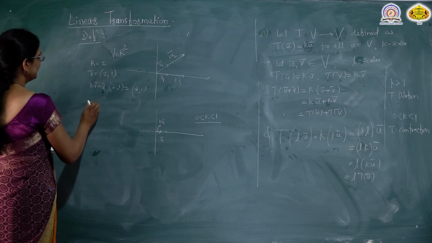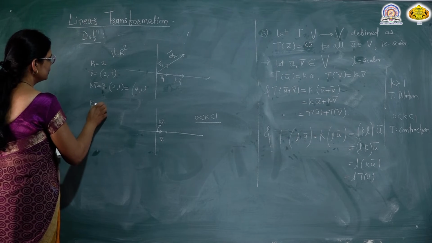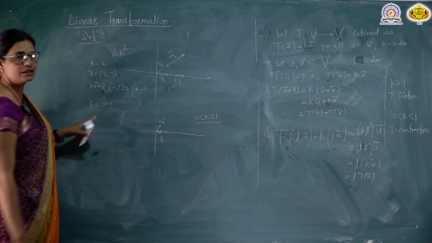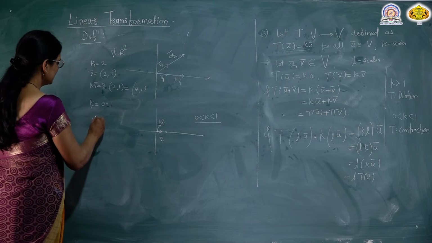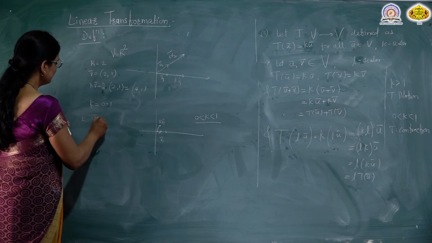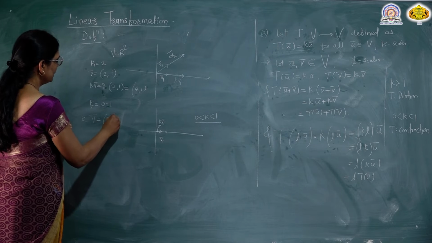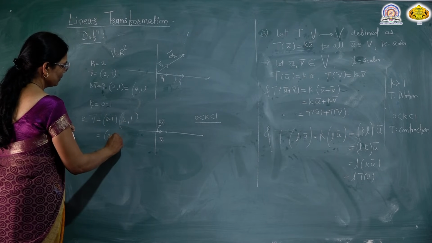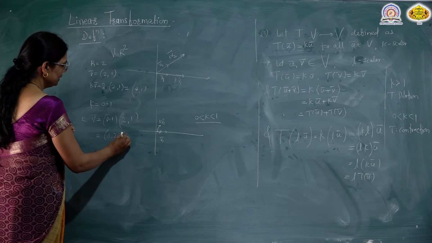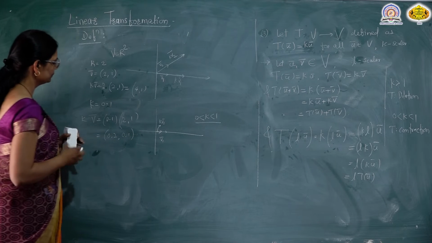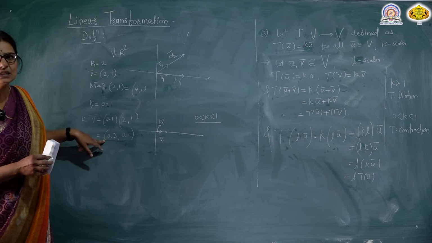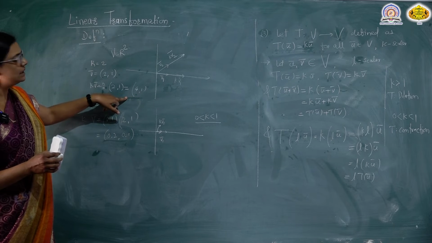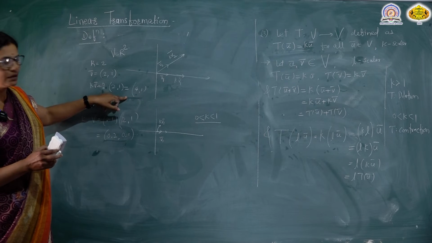Similarly, if I take k between 0 and 1, say k equals 0.1, then k times v bar becomes 0.1 multiplied by the vector (2, 1), so it becomes (0.2, 0.1). So here the vector is compressed and there the vector is enlarged.